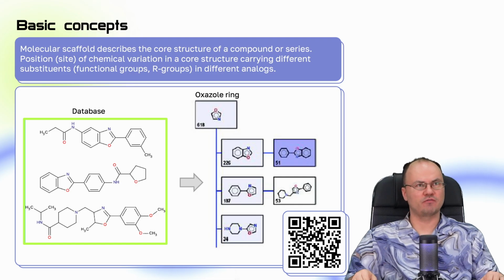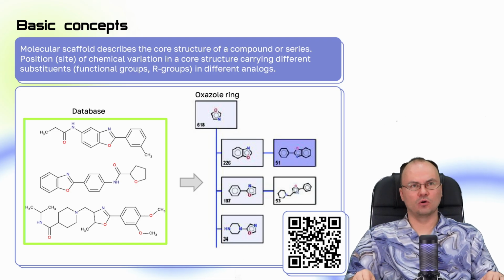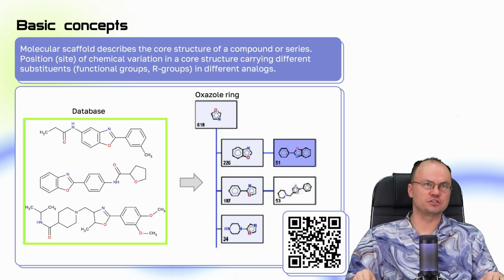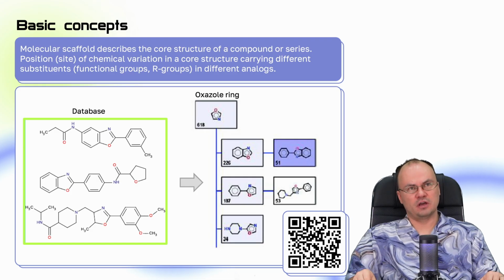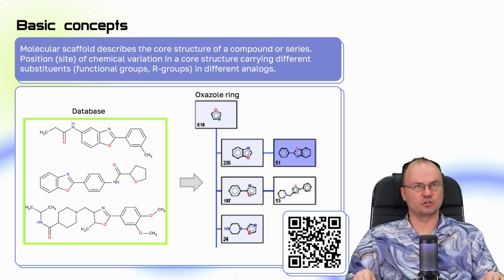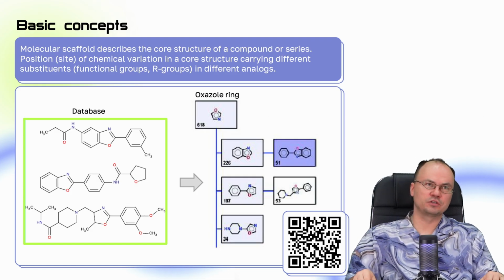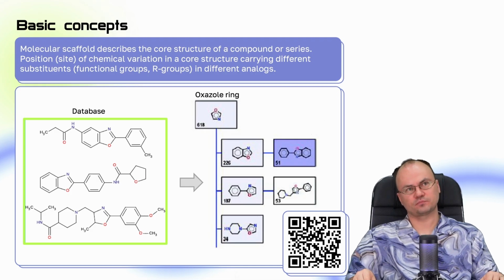The molecular scaffolds describe the core structure of a compound or a series of compounds, usually with positions of chemical variations in the core structure carrying different substituents, functional groups, or R groups in different analogs.